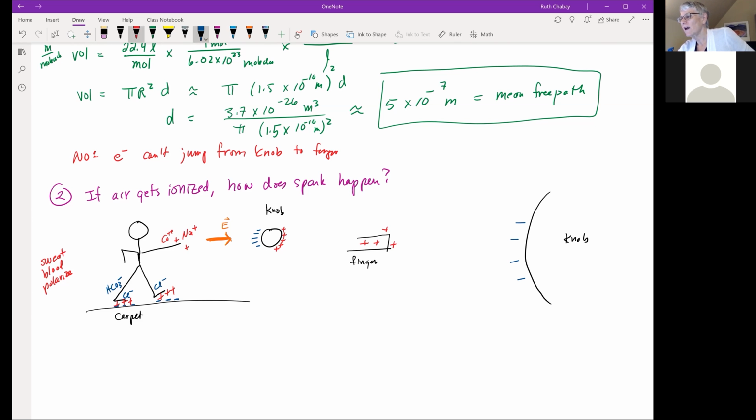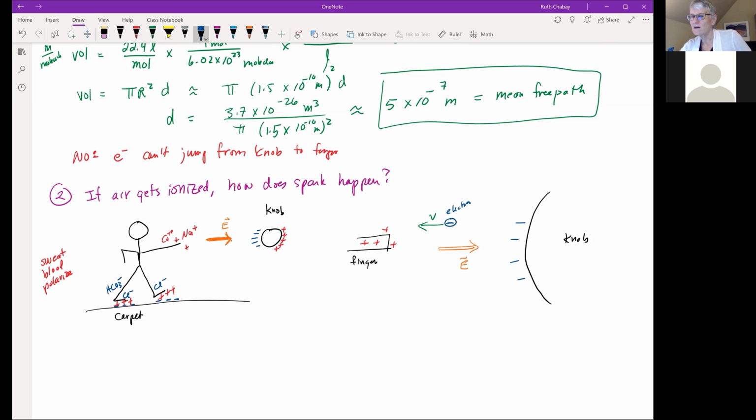So if we had ions in the air and we have an electric field, they would absolutely move. So if we had, say, free electrons, they would definitely move that way toward the finger.